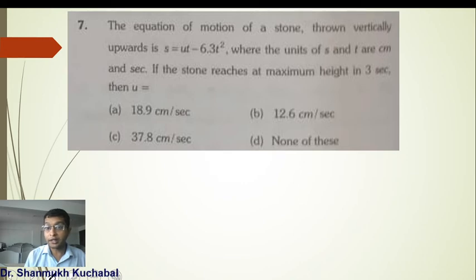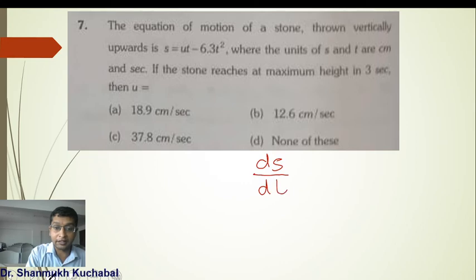If the stone reaches maximum height in 3 seconds, then the value of u is equal to what? We have to calculate. So in this example, dear students, do remember this: the velocity of a particle at maximum height will become 0.